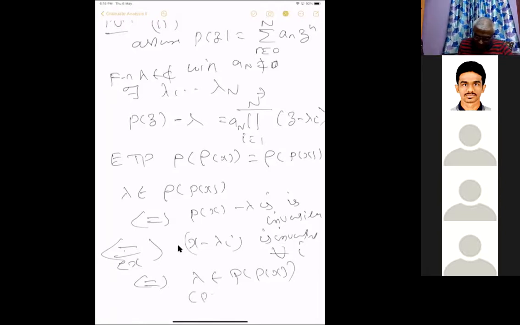This just means that p(x) minus lambda is invertible. Each x minus lambda_i is invertible. And this just means that lambda is in p of rho of x.